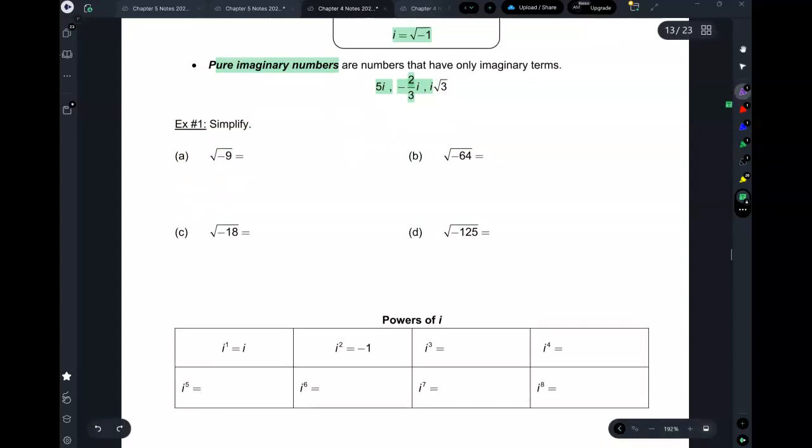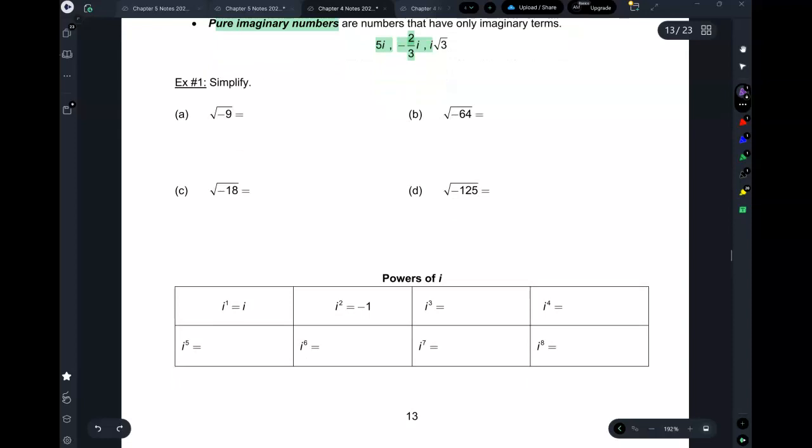So how do we use imaginary numbers? Take a look. I have the square root of -9. Until now, it was like, oh no, you can't have the square root of a negative number. Well, right now, for the first time ever, we can.